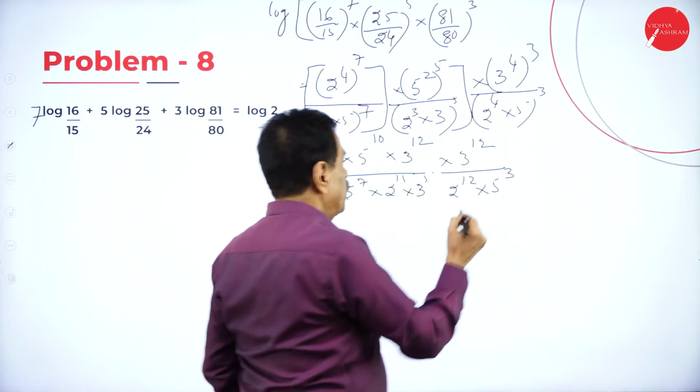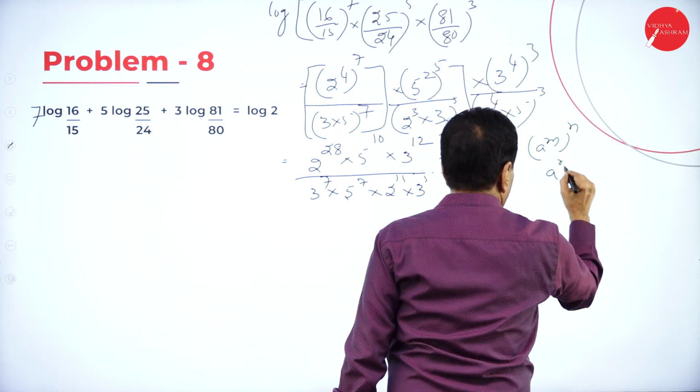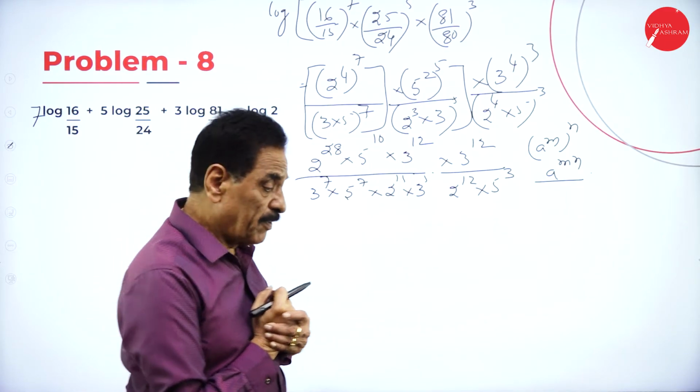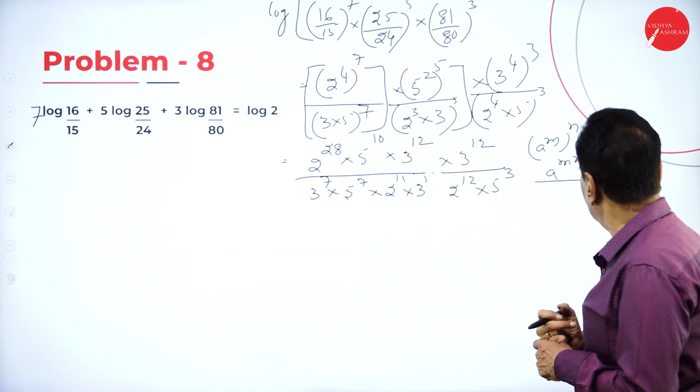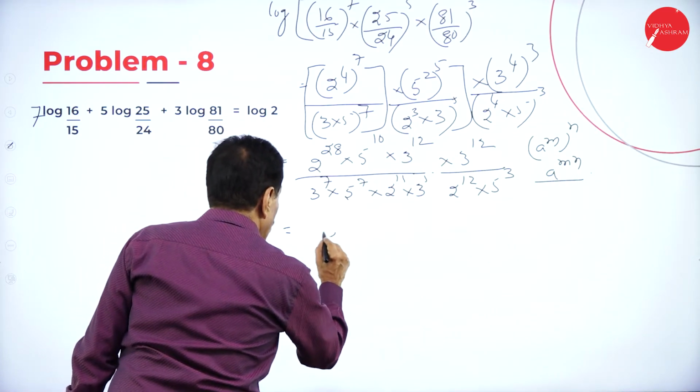This is nothing but the formula a to the power of m to the power of n, we can write as a to the power of mn.